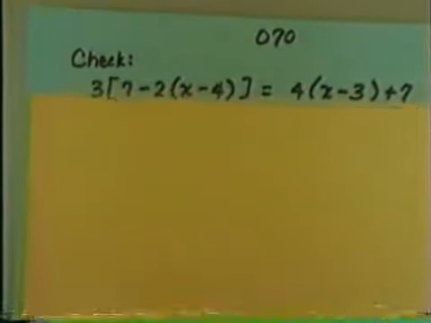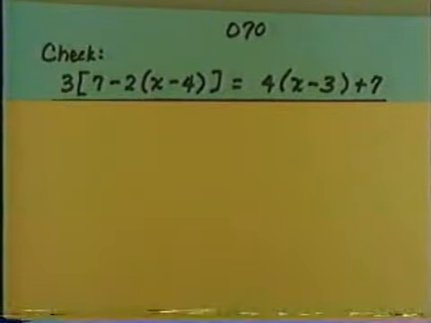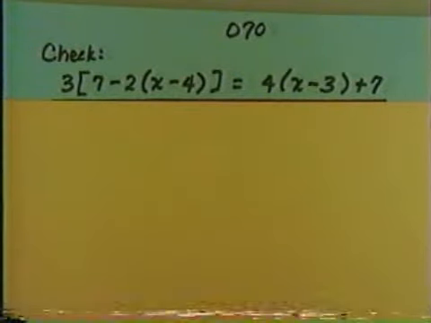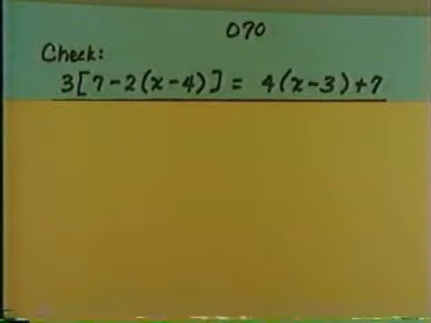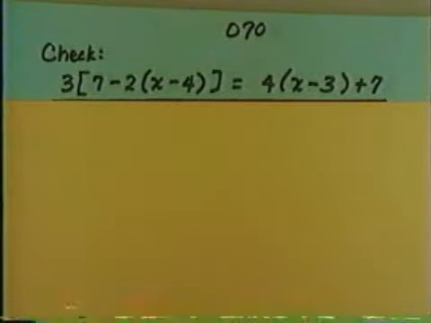The check, we copy the equation, the whole thing. 3 times [7 subtract 2 times (x minus 4)], with the x minus 4 in parentheses and the 7 subtract 2 times x minus 4 in brackets, equals 4 times (x minus 3) in parentheses plus 7.